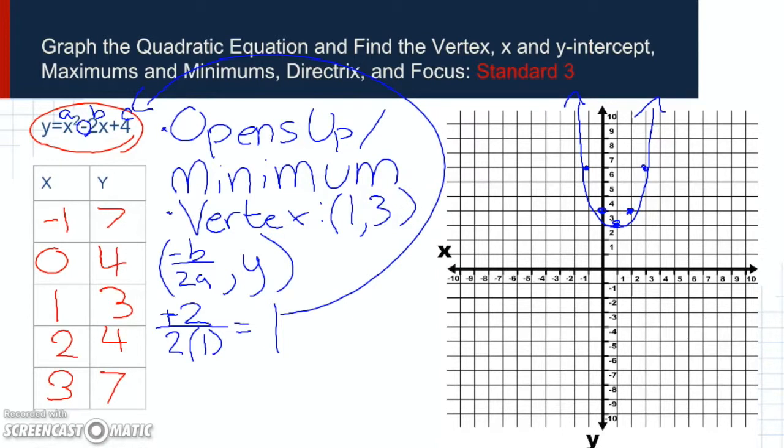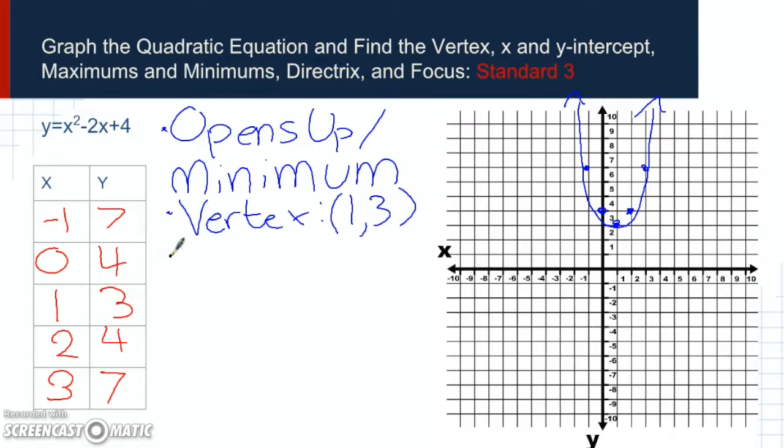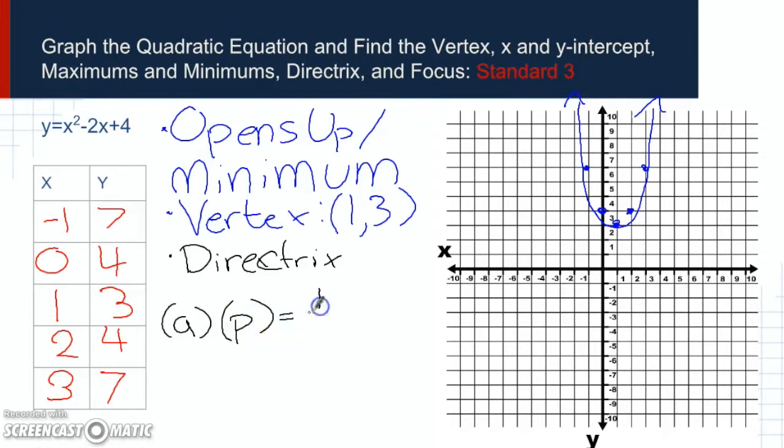Now, let's find the directrix and focus. The distance between the directrix and vertex is the same as the distance between the focus and the vertex. To find that distance, you have to multiply a times p equals 1/4. Your a is the coefficient of x squared, which is 1, times p equals 1/4.